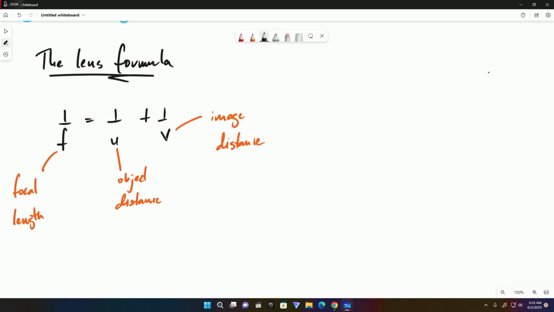The next formula is magnification. Magnification is simply a ratio.